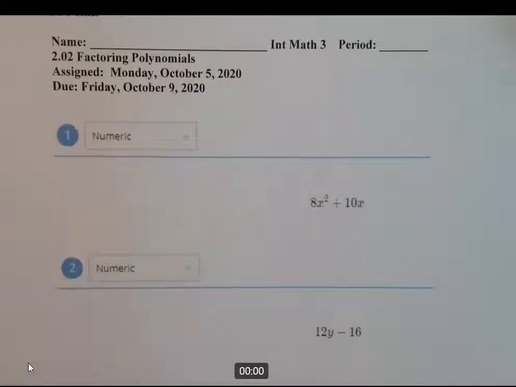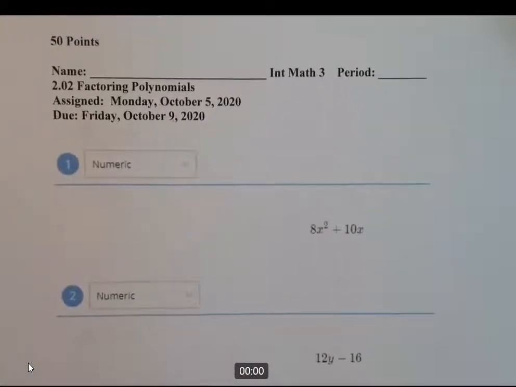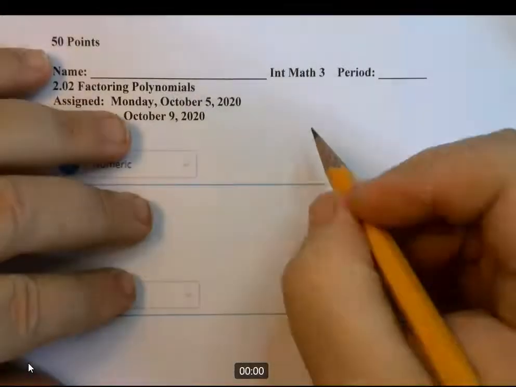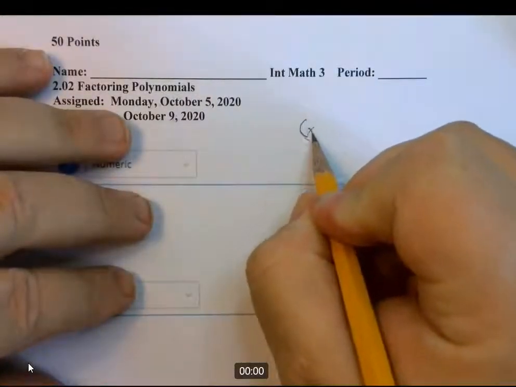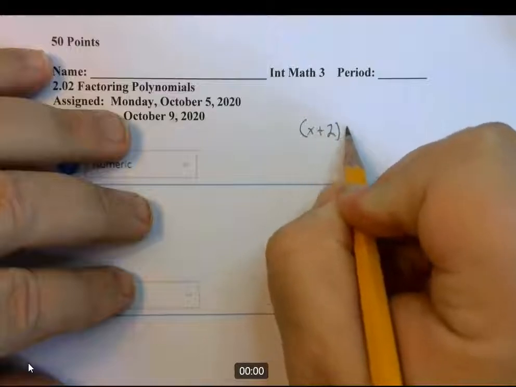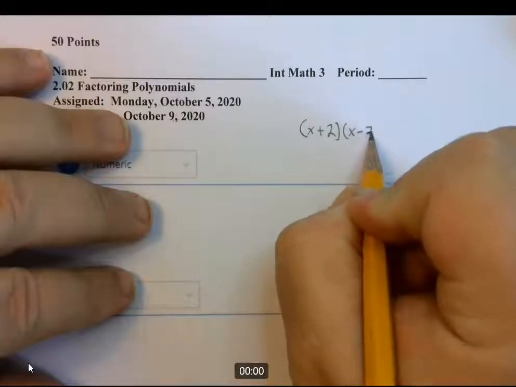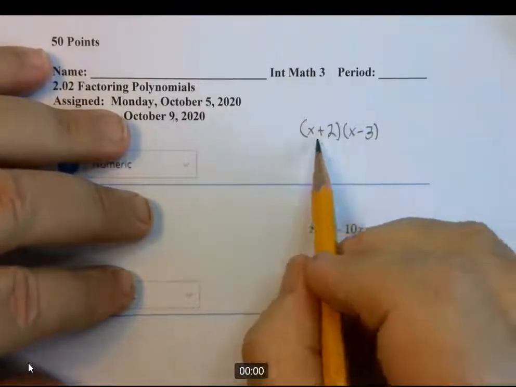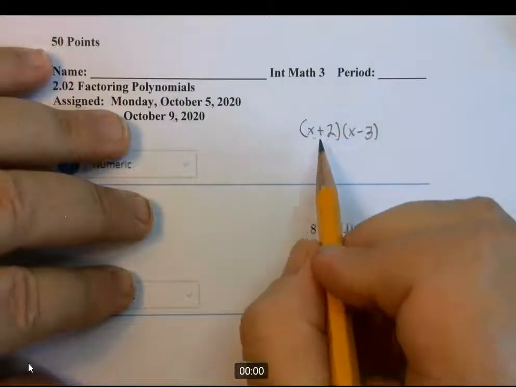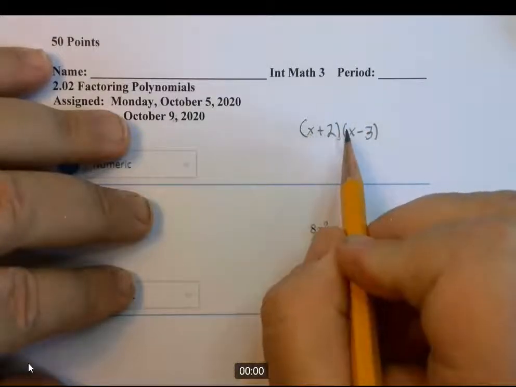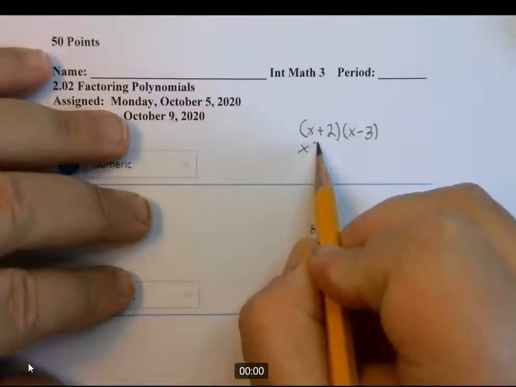So what is factoring? Let me just give you a quick example of what factoring is. When you expand two binomials, for example, x plus 2, x minus 3, those are factored binomials. And to expand them, you FOIL. X times x is x squared.